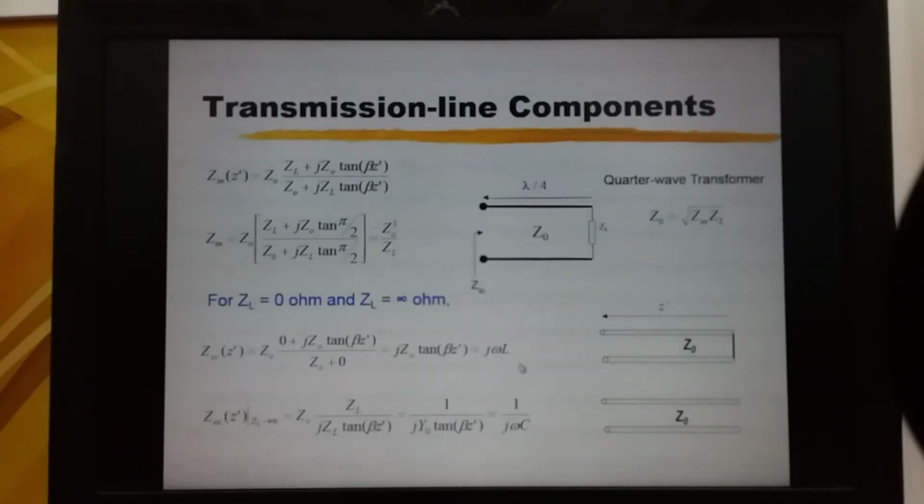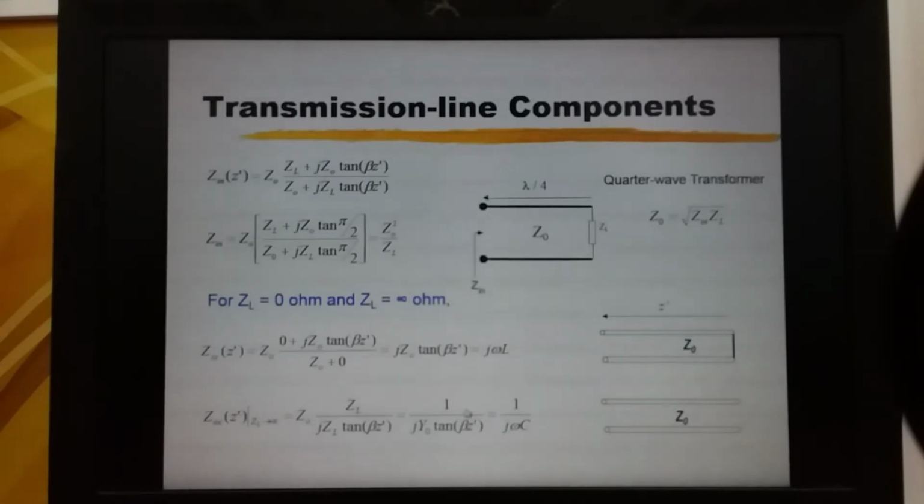Similarly, we can make a capacitor by using a transmission line open circuit at the end. Based on the equation here, in this case, ZL is infinity. So if ZL is infinity, the input impedance will become an equation that looks like this.